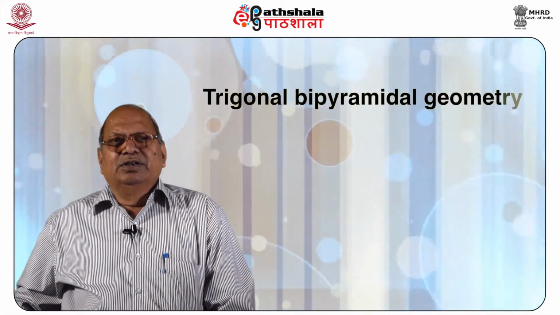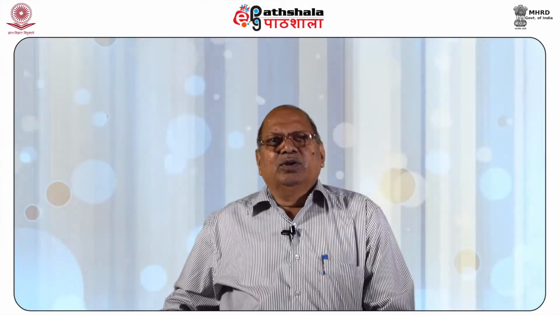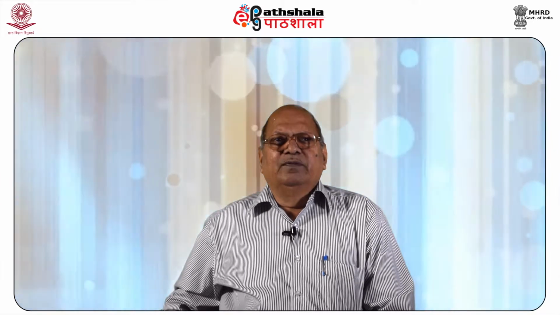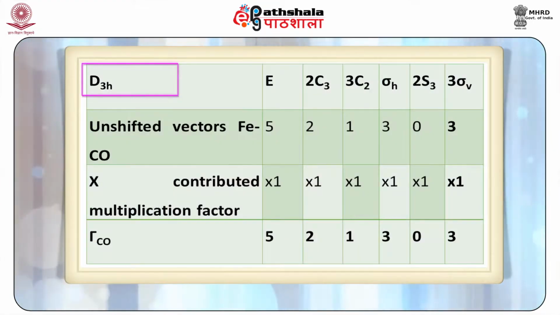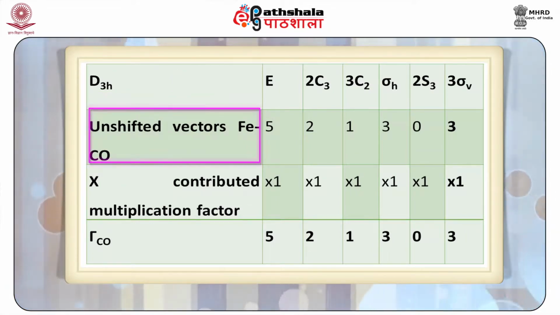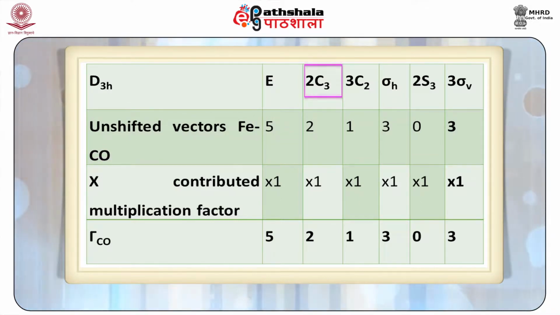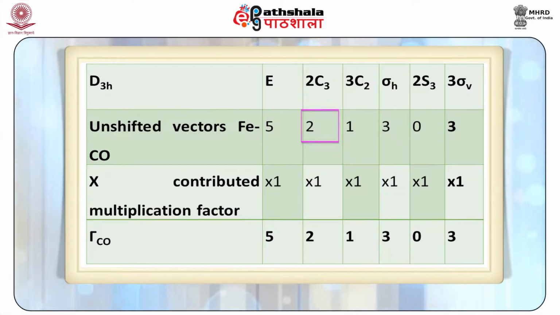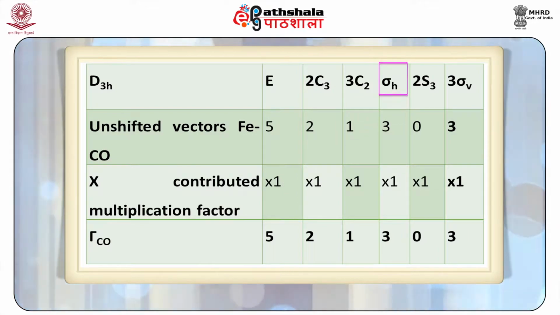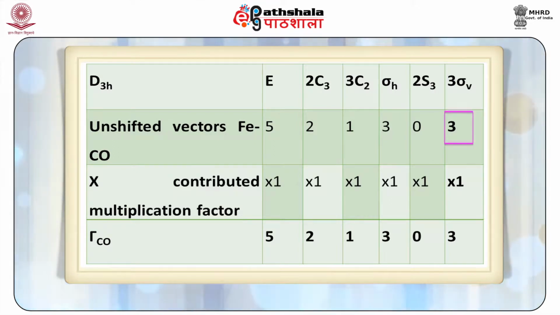Now let us take the trigonal bipyramid geometry, D3h. We can obtain the vibrational modes again by using the 5 CO bond vectors and the character table of the D3h point group. The unshifted vectors are: for E it is 5, for 2C3 it is 2, that is both the axial Fe-CO, for 3C2 it is 1, sigma h it is 3, 2S3 is 0, 3 sigma v is 3.